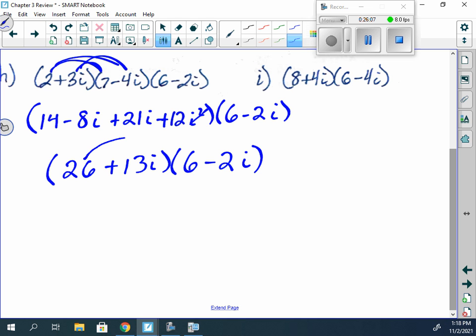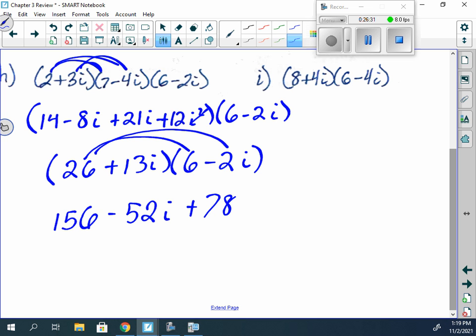Now at this point, we can do the distributive property again. So 26 times 6 is going to be 156. 26 times negative 2i would be negative 52i. 13 times 6 is going to be plus 78i. And 13 times negative 2i is going to be negative 26i squared.